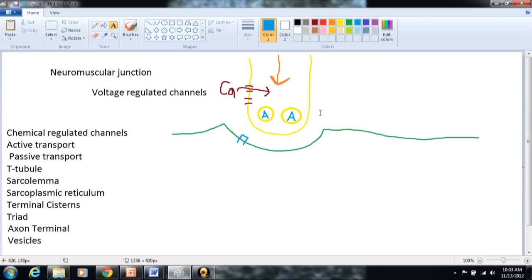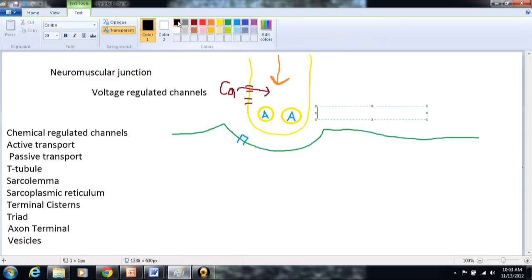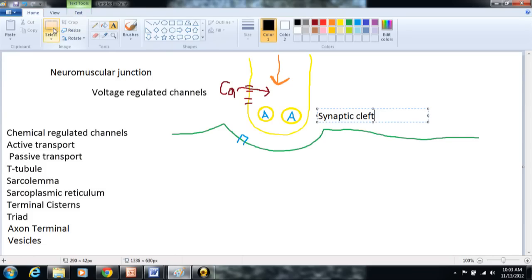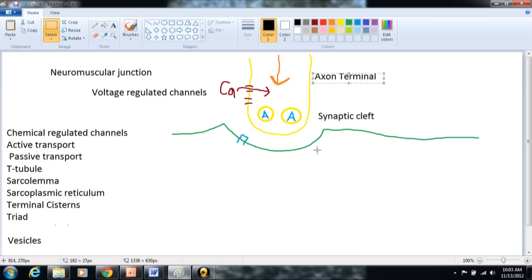There's another player we need to identify: the synaptic cleft, again, the space in between the axon terminal and the muscle cell. It's called the synaptic cleft.